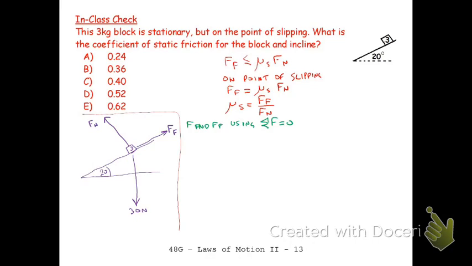But in which direction? I could do the horizontal and vertical and have two equations because I've got two unknowns, but then I've got to find Fn as well, so that's going to be a lot of work. I want to find FF, I don't want to find Fn.